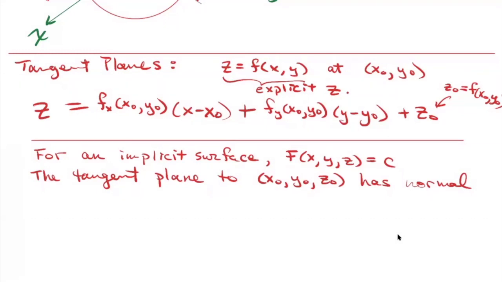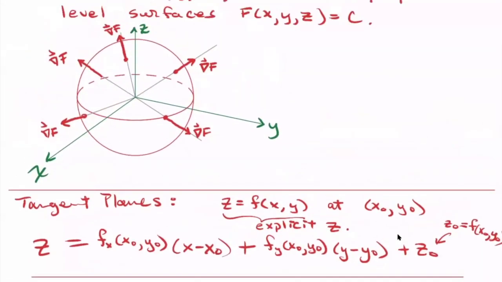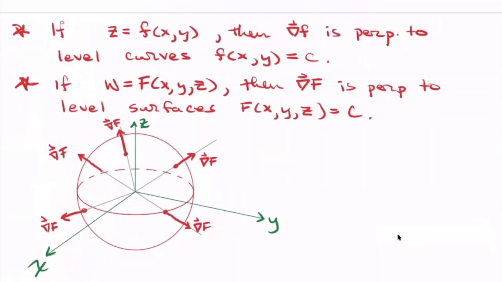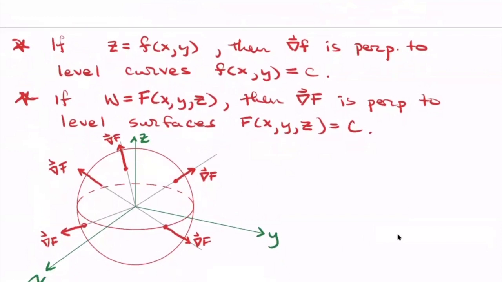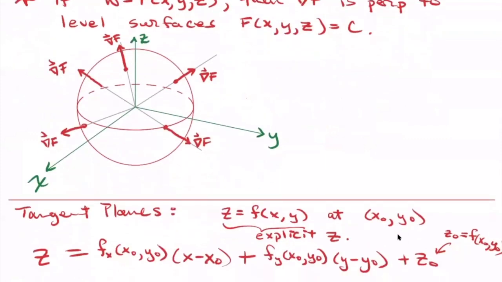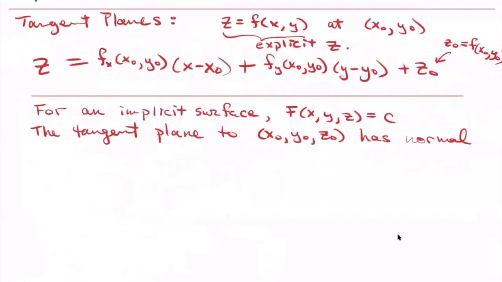So we know that the gradient of an implicit function, a function of 3 variables, is perpendicular to the level surface. So you could take the normal to that surface to be the gradient of F at the point of tangency, which would be x naught, y naught, z naught.